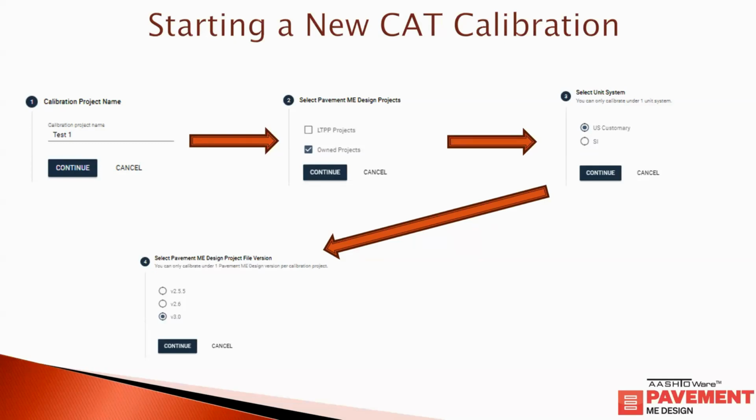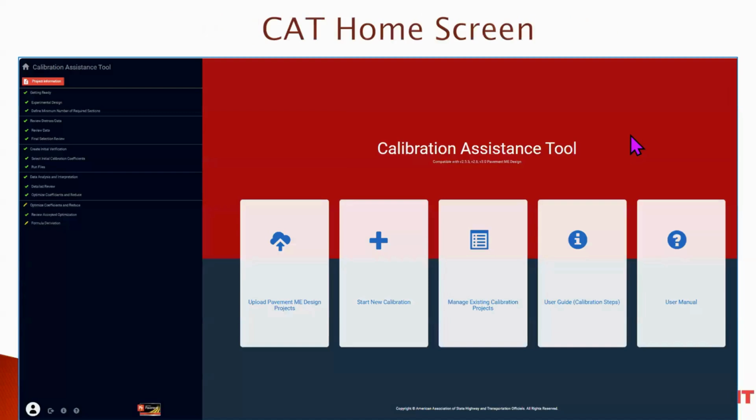But you have to select which one it's going to be. So if you upload files that are a different version from what you selected here, it will not run the analysis. The version of the files you upload has to match the file version that you're selecting at this interface. And then you're complete and can start the calibration.